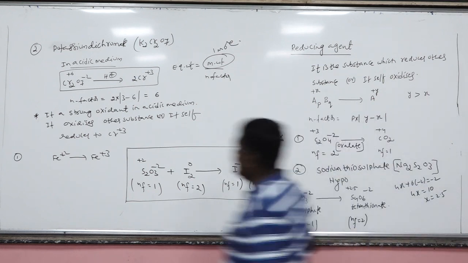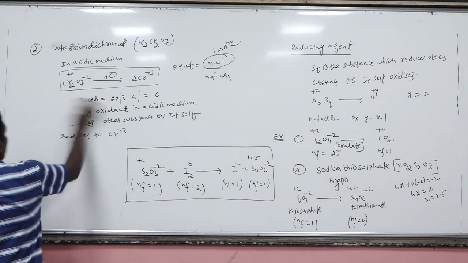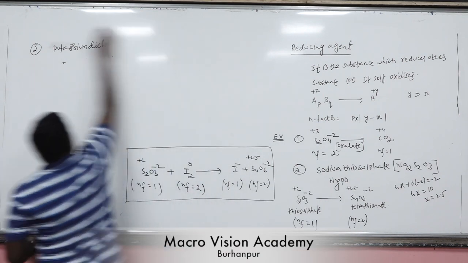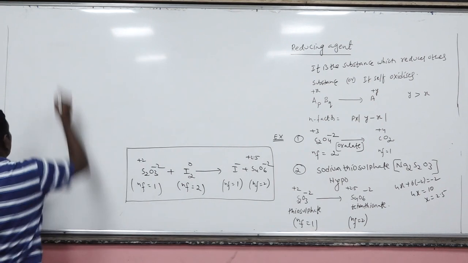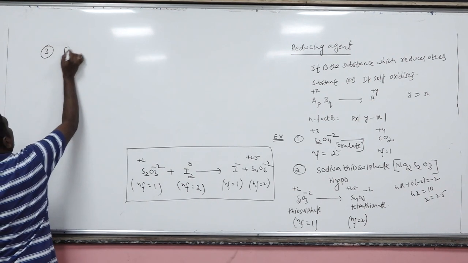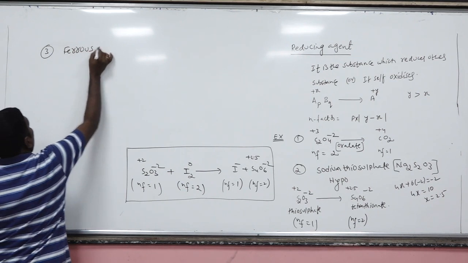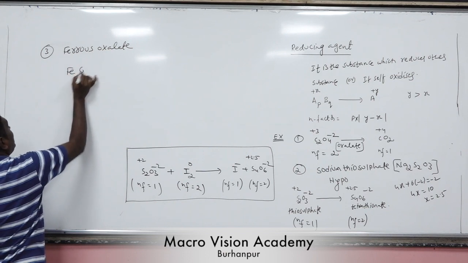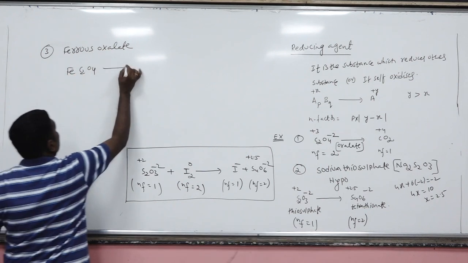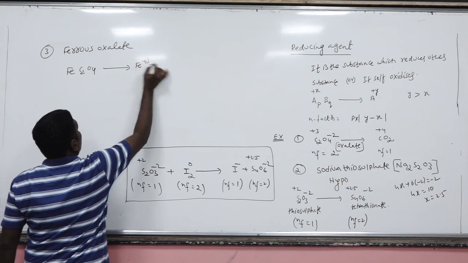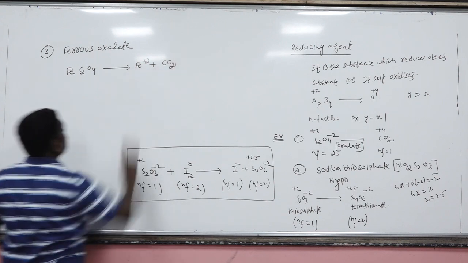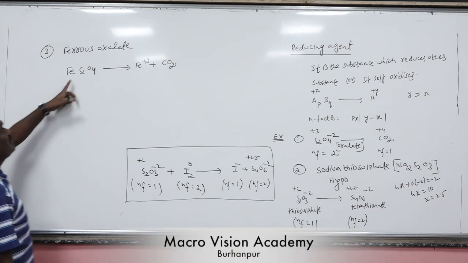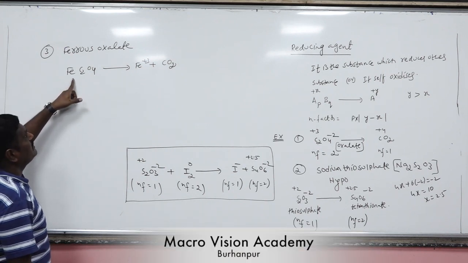And one more reducing agent is there: ferrous oxalate, FeC2O4. It will convert to ferric ion and carbon dioxide. Now, it is also an important reducing agent.